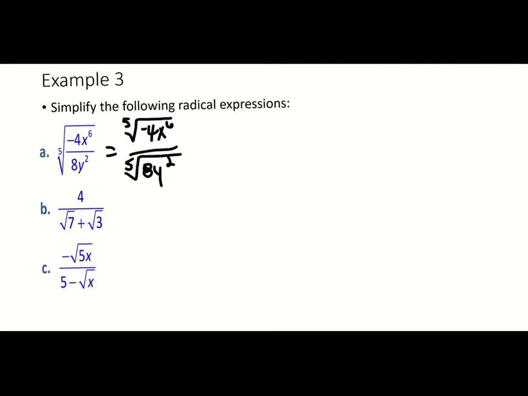And now what we need to do to rationalize our denominator here is turn our denominator into a perfect 5th root so that we can get rid of that radical underneath.